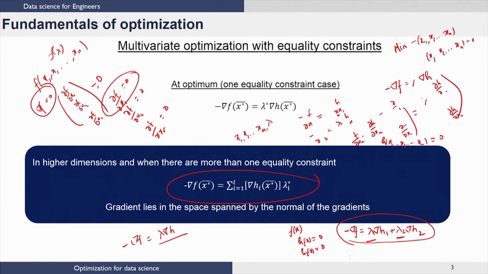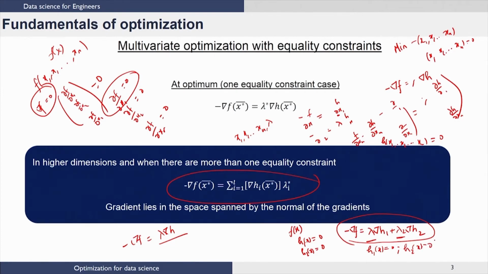So, these are all n by 1 vectors. So, this will just give me n equations. Nonetheless, if I had two equality constraints, I need to find the two extra equations which are directly given by the constraint. So, since the optimum point has to satisfy both the constraints, I get one extra equation h1 of x equals 0 and the other extra equation h2 of x equals 0.